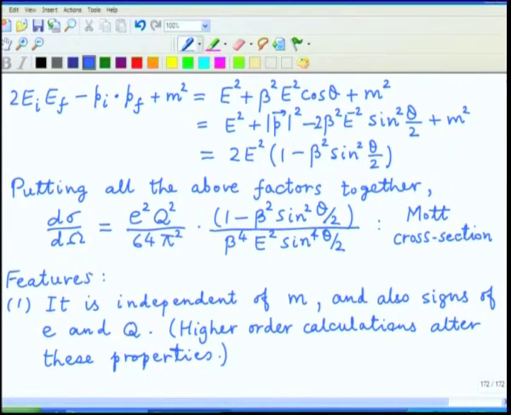And one of the consequences is that whether you use electron or you use positron, the leading order cross section is the same.